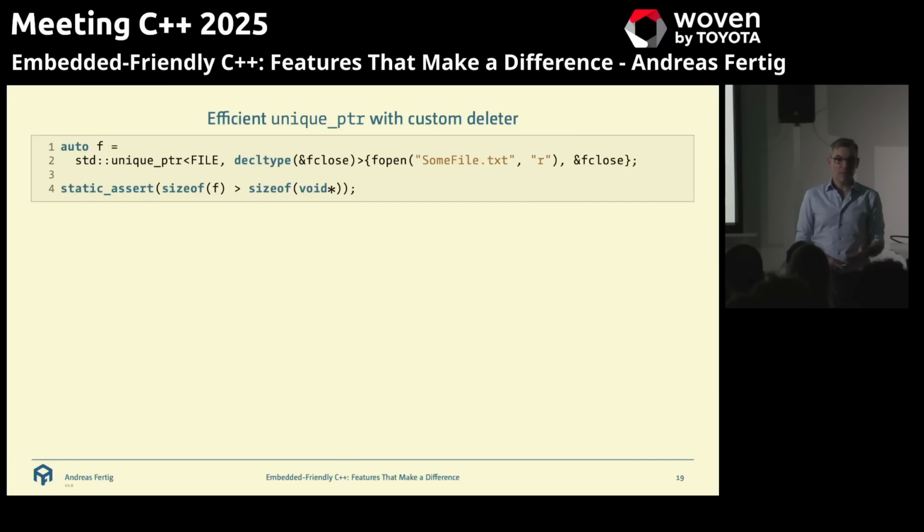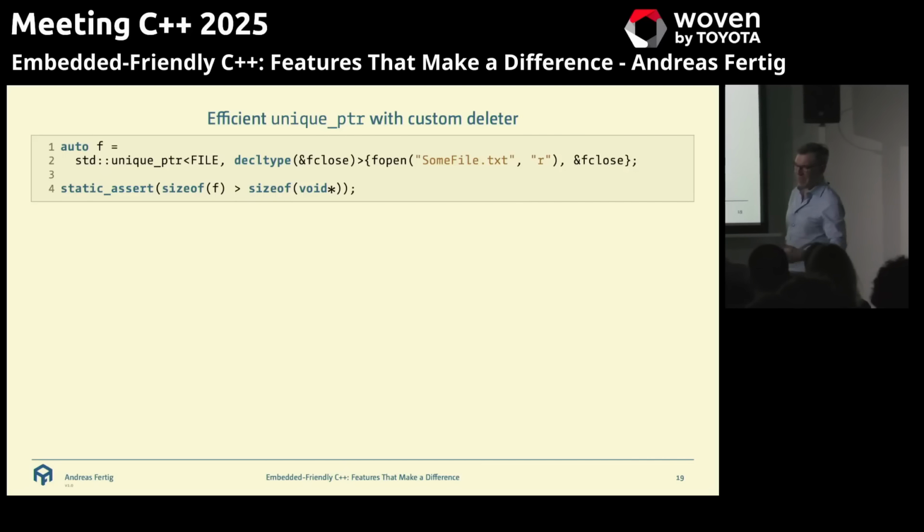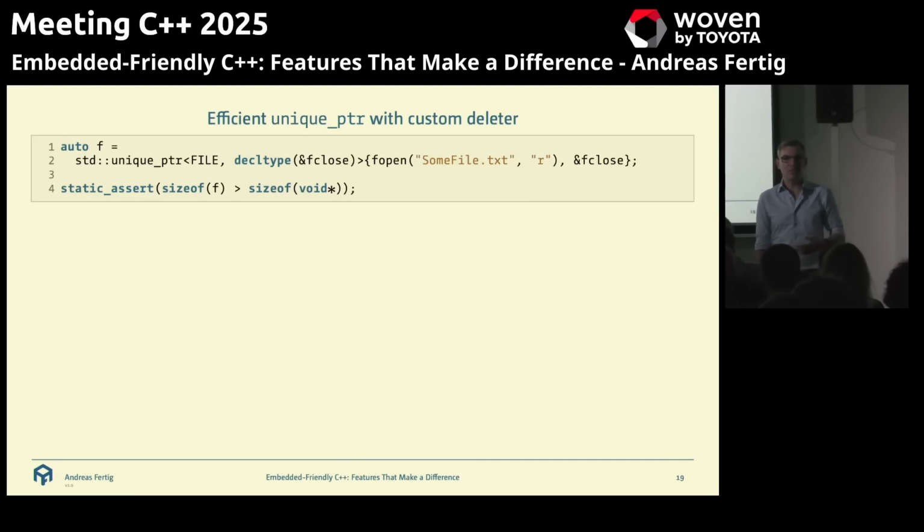And the precise value is it consumes the storage space of 2 pointers because it has 1 pointer to store the actual data and a second one to store a pointer to fclose. Which might be good if the deleter is a runtime property, but fclose comes from the library, it never changes, the address is baked into some kind of library, so I don't really see any benefit of carrying around a runtime value that never changes, but I have to maintain. So a lot of drawbacks here.